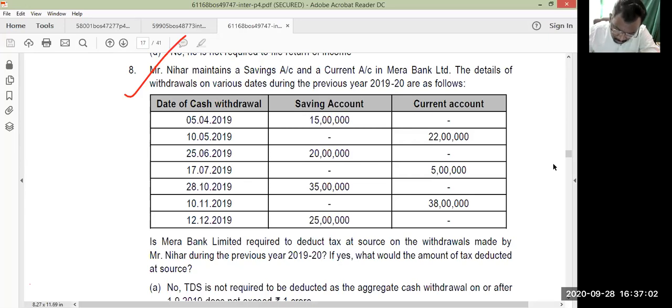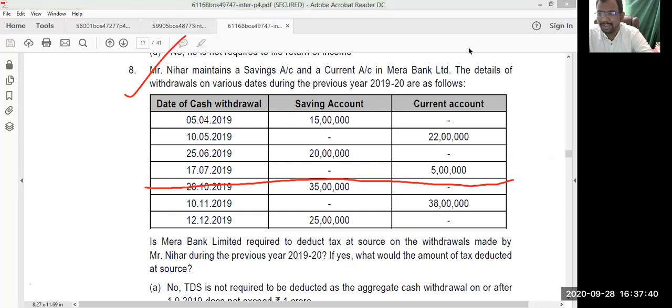See, up to 17th of July 2019, for these withdrawals, 194N provisions are not applicable. No need of deduction of any TDS. And the aggregate amount of withdrawals, if you calculate, comes to 62 lakhs.